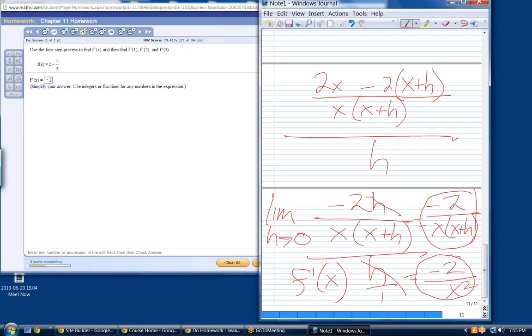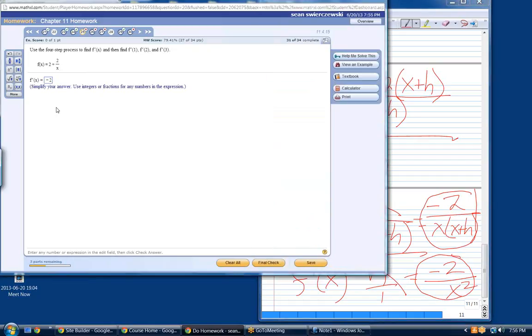Ah, I see what happened. It's just 2, isn't it? No, they're asking 4 questions. They put these 3 together. I thought those were the only 3. The first one is f prime of x. The first one is not f prime of 1. Oh. In other words, it's -2x to the -2. How do I do that here? There's the just x, and then which key do I minus.